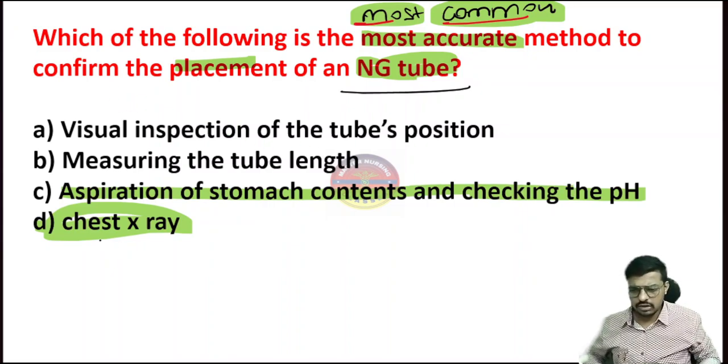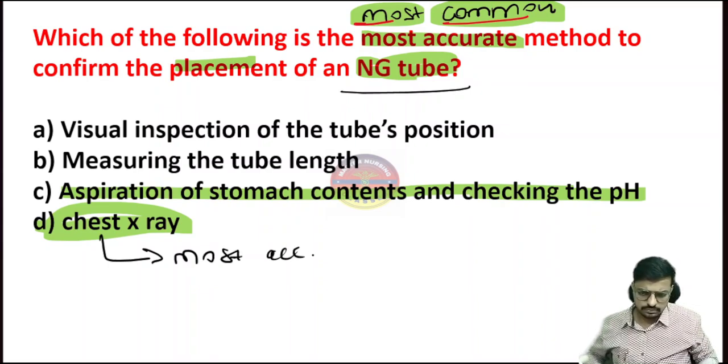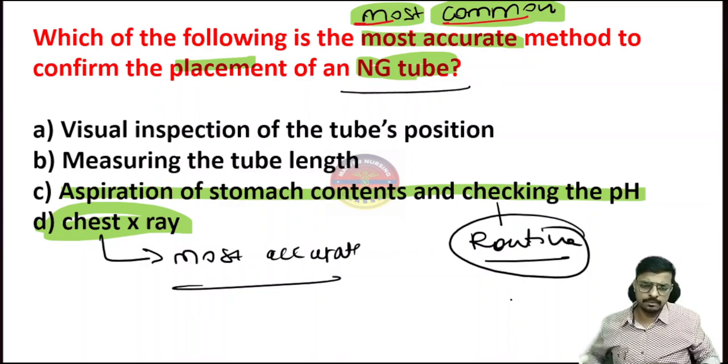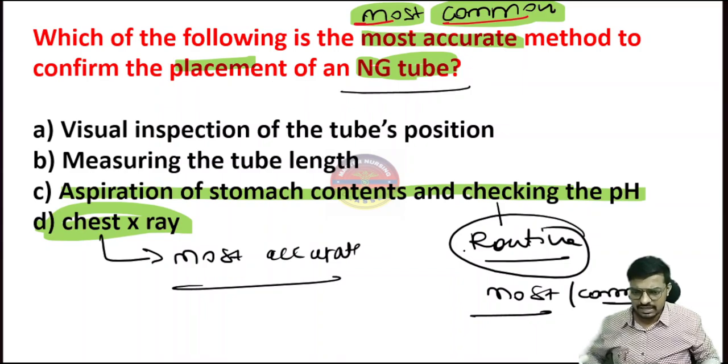If the examiner is asking the most accurate, your answer is the chest X-ray. If the examiner is asking the routine method during feeding, the most common method of confirming the NG tube placement is aspiration of the gastric content and checking for the pH.